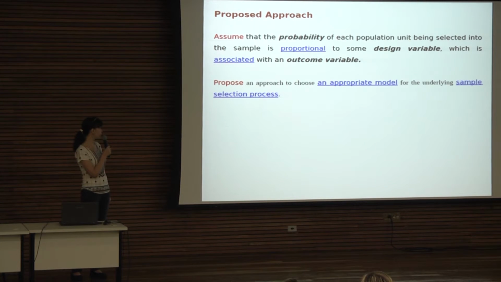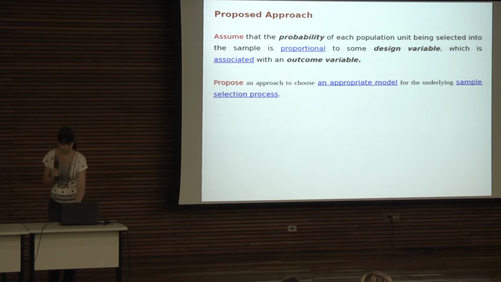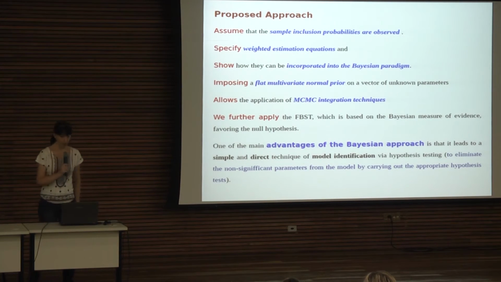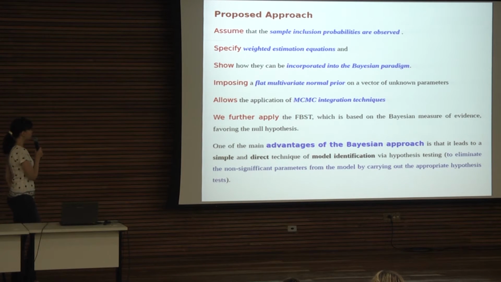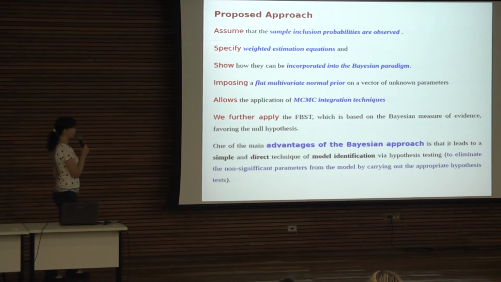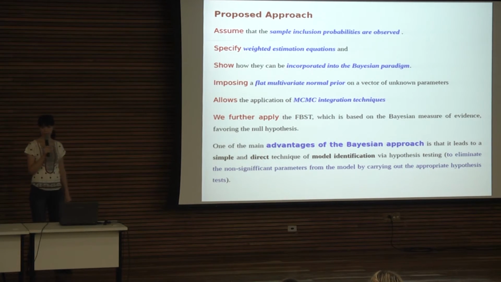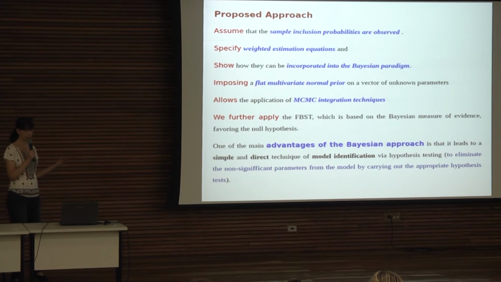And we propose an approach to choose an appropriate model for the underlying sample selection process. In the proposed approach, we assume that the sample inclusion probabilities are observed. Here, I would like to emphasize that the sample inclusion probabilities are generally available in public use files of sample surveys.